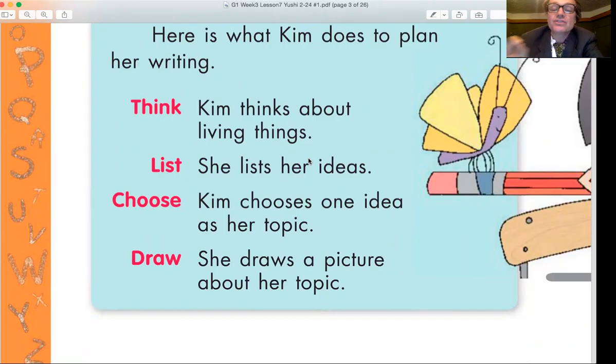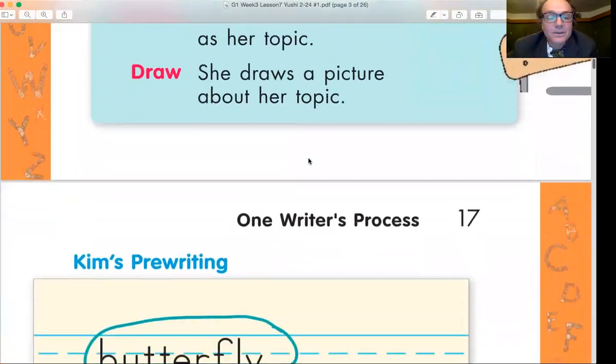Draw. She draws a picture about her topic. So let's look at that again. First, she thinks about all the living things. And then she writes them down. I thought about this. I thought about that. And then she chooses one. And then she draws a picture of it. I like that.